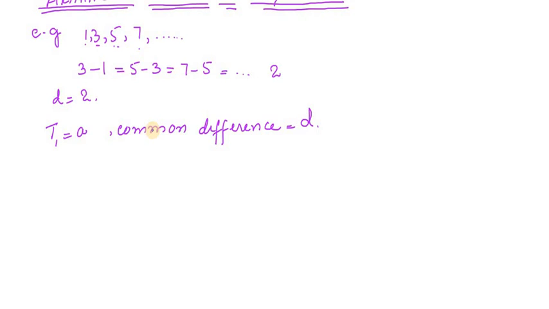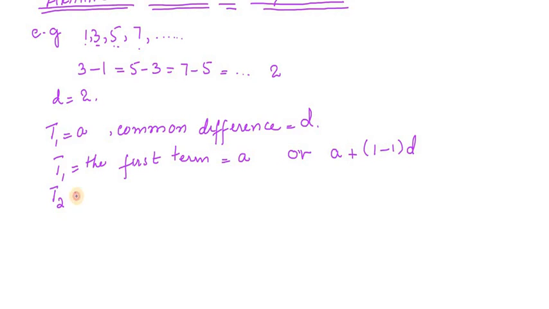That means T1, the first term, is denoted by A, and in general form, A plus (1 minus 1) of D. How can we form the second term?